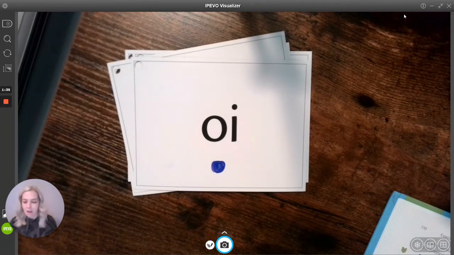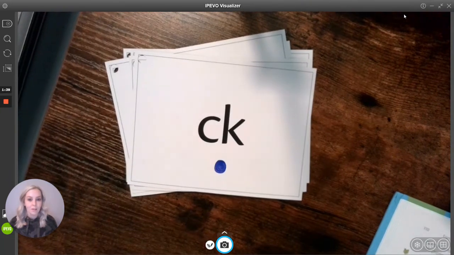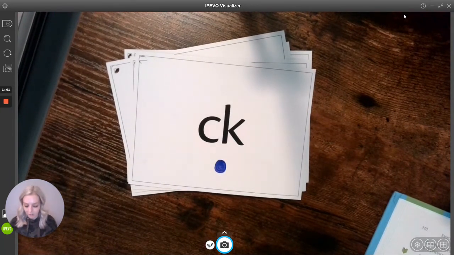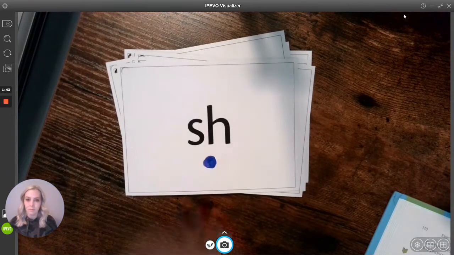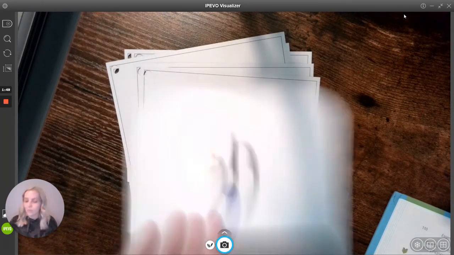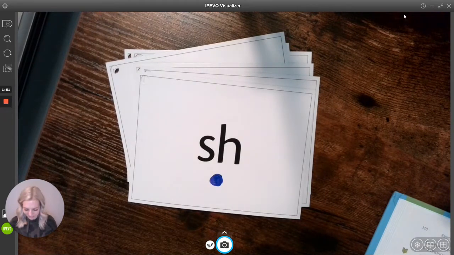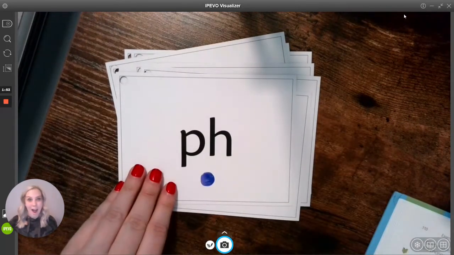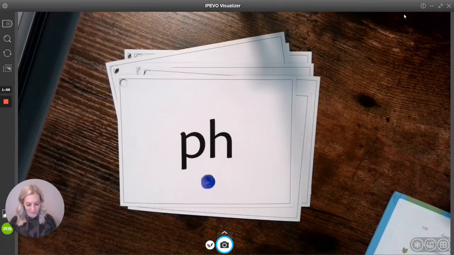Oi that may not be used at the end of English words. K, two-letter K. Sh, used only at the beginning of a word or the end of a syllable. Very good.